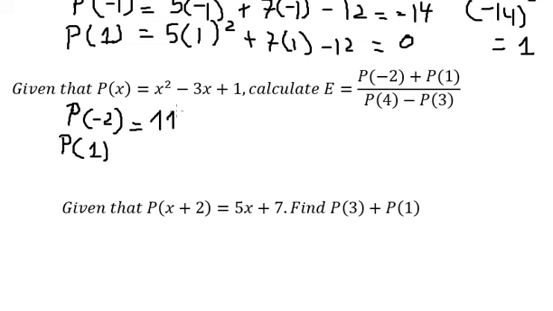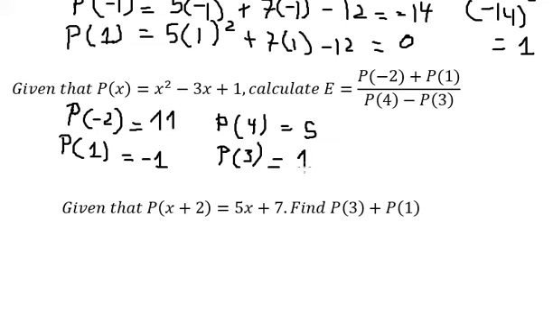So we put 1 in here, and you got negative 1. b of 4. So we put 4 in here and here, and you got 5. b of 3. We put 3 in here, and you got 1.